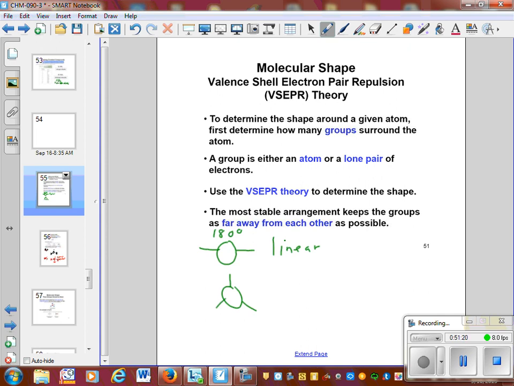What shape is this? Like a triangle. If I turn it on edge, they're all in the same plane. That means it's flat. So we describe this as trigonal planar.